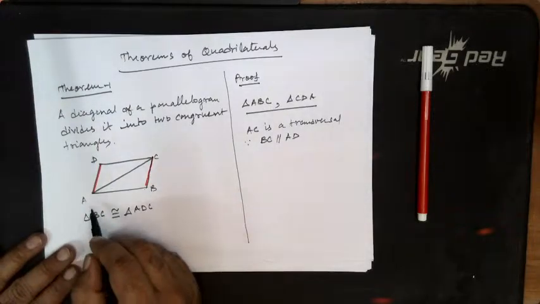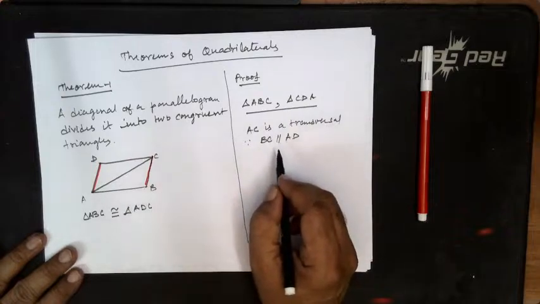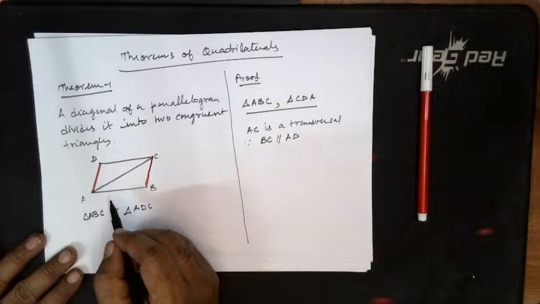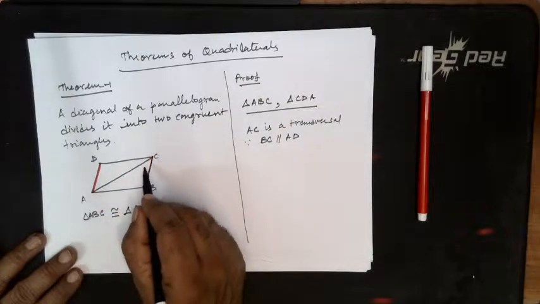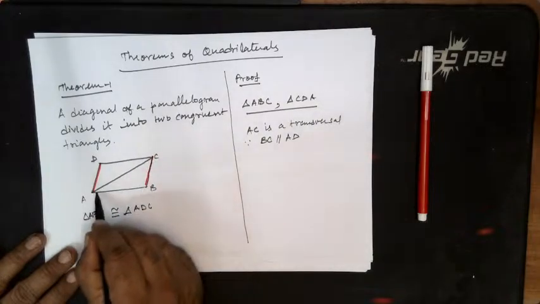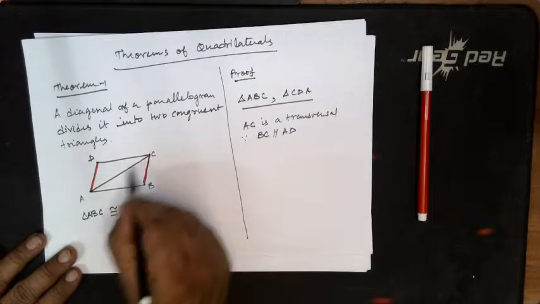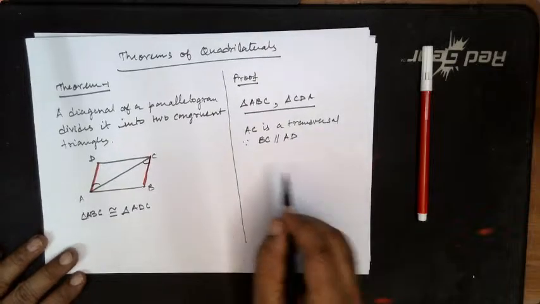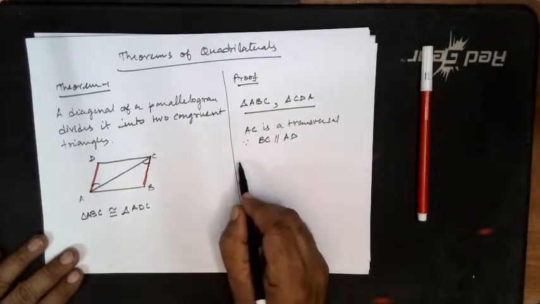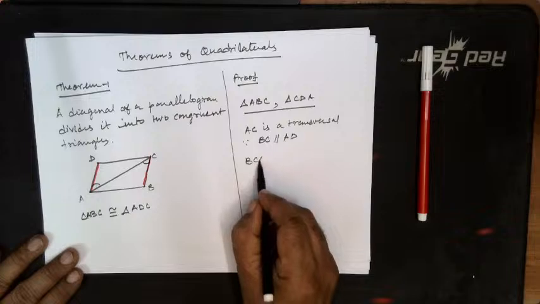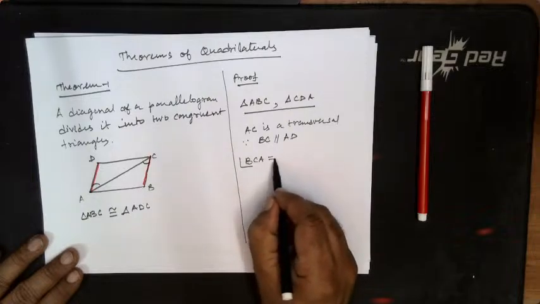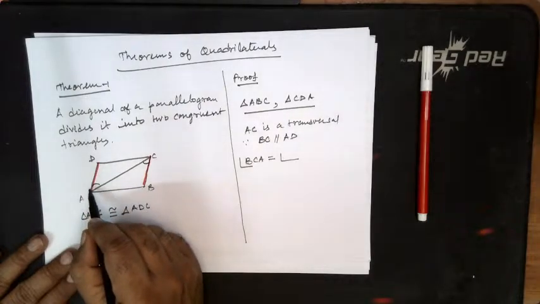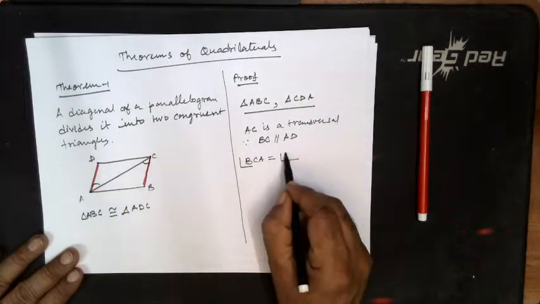So, if it is the case, in a parallelogram, that is, pair of alternate angles. What are these pair of alternate angles? That is, you have here BCA. This is one angle, and this is another angle. Are you able to follow? So, angle BCA is equal to angle DAC.